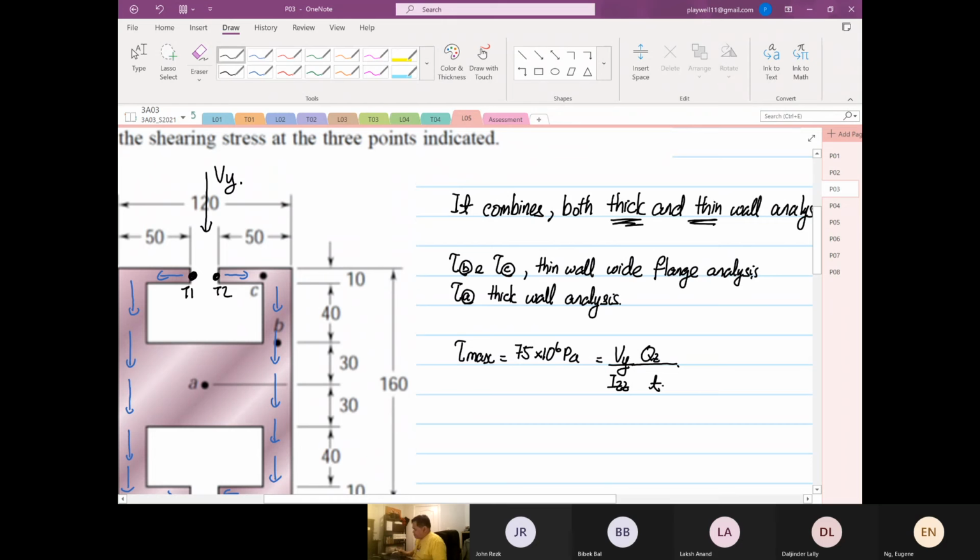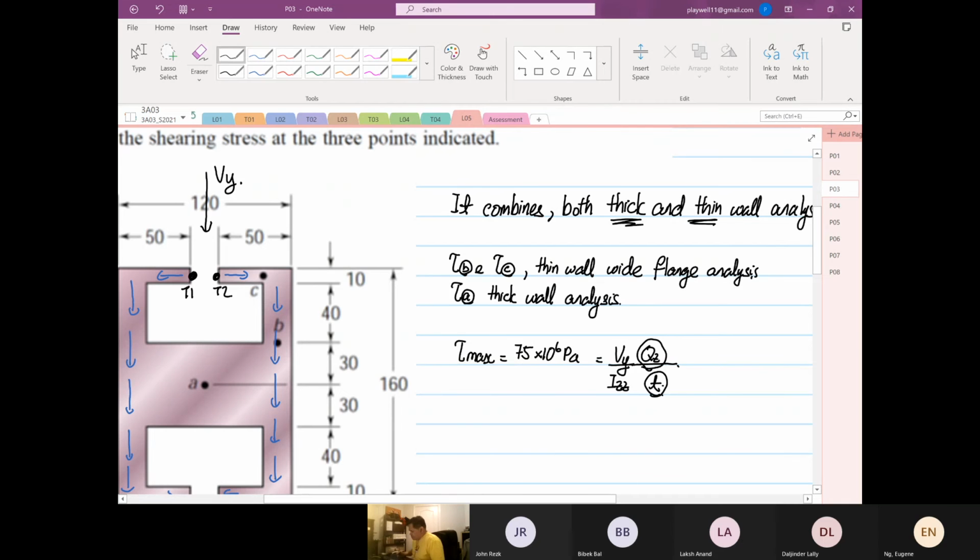Okay, so we have to identify where tau max is. We don't know. Because it's affected by both Qz and T, right? For this case, is it the centroid? We don't know.